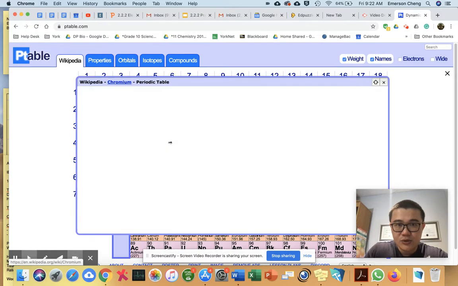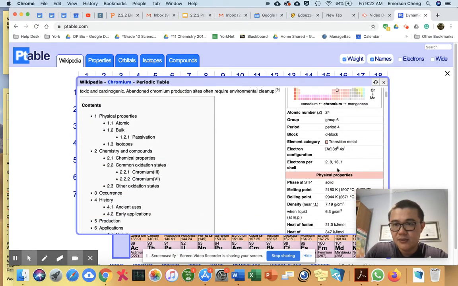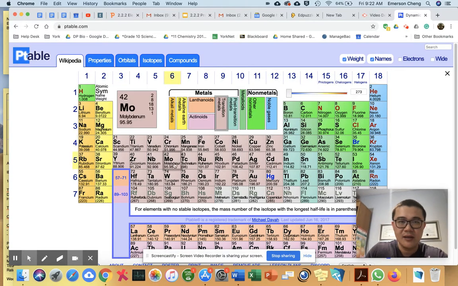Now you see it's chromium. It's chromium that would rather fill the 3d than have the 4s. Now, in manganese, you fill up that 4s right away, and then iron, and then cobalt.